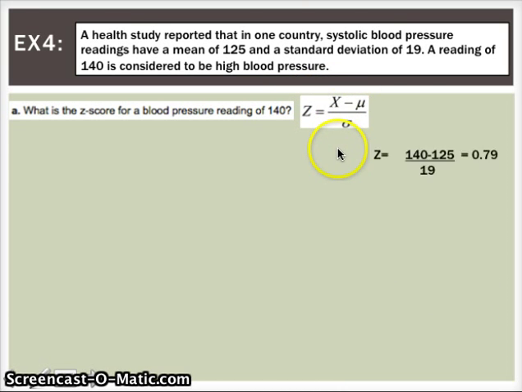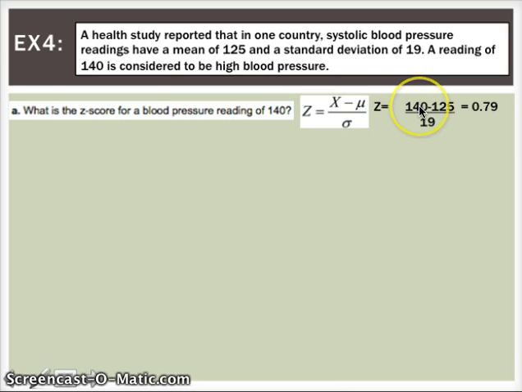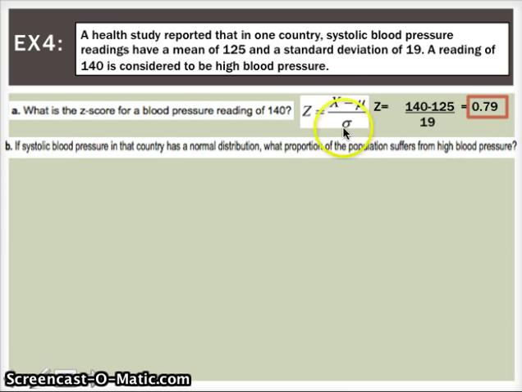They've already given me the value they want me to find, the mean and the standard deviation, so I can just plug in and find that the z-score is 0.79.